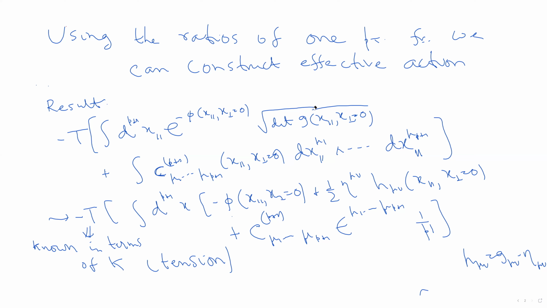But first, let's see how to do this in the closed string channel. Also, you have converted this determination of K to determination of T. And if you can determine T, we determine K, since K is given in terms of T.